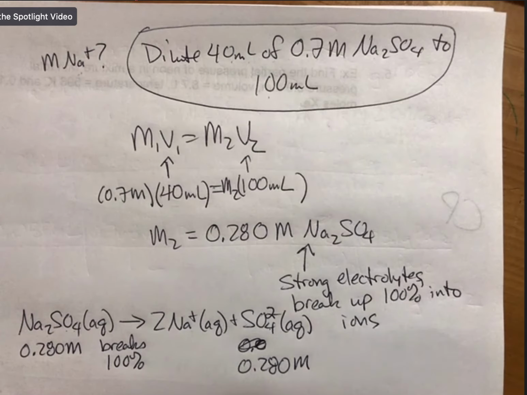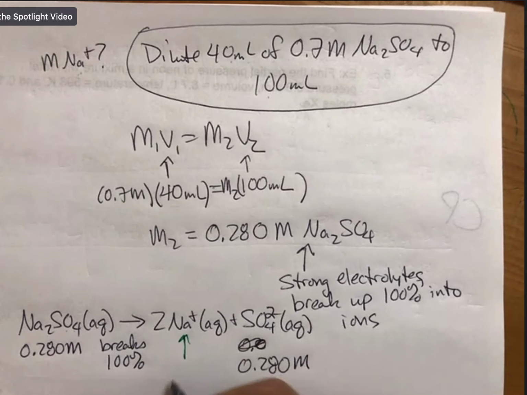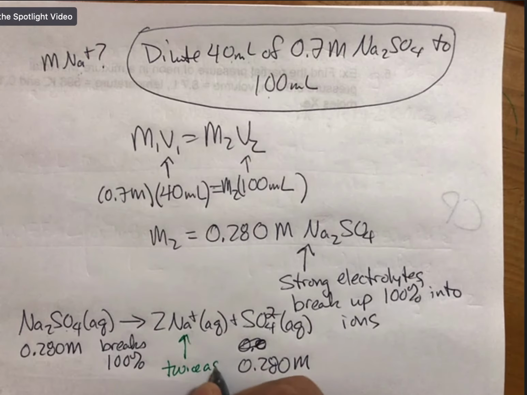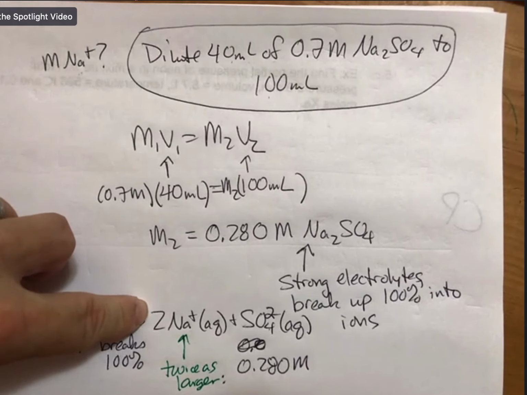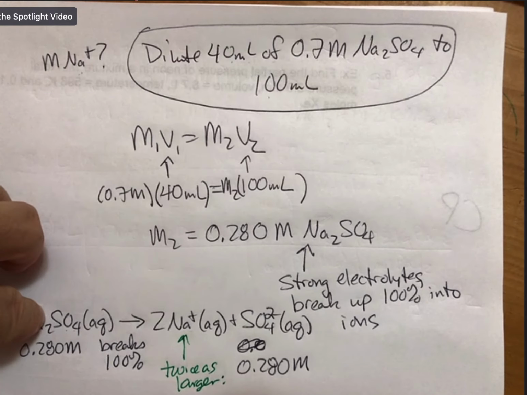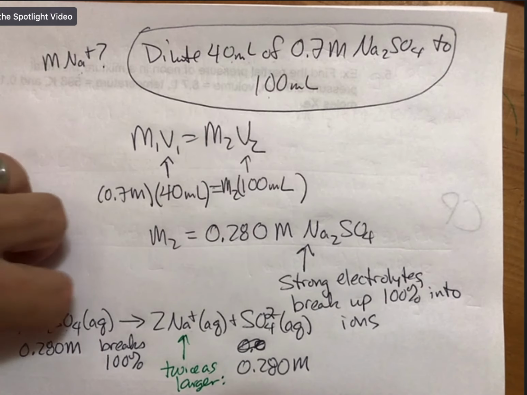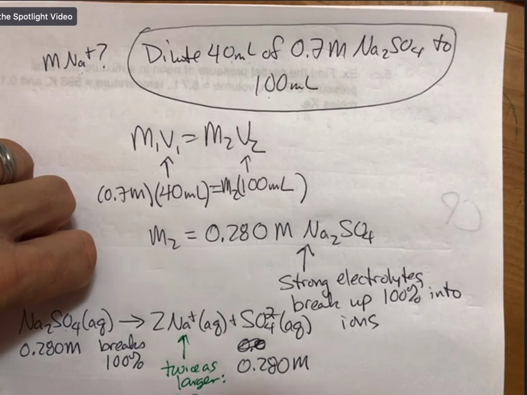And the concentration of sodium ion is twice as large because there are 2 of them. So double the concentration. 0.28 times 2 is 0.560 molar Na+.